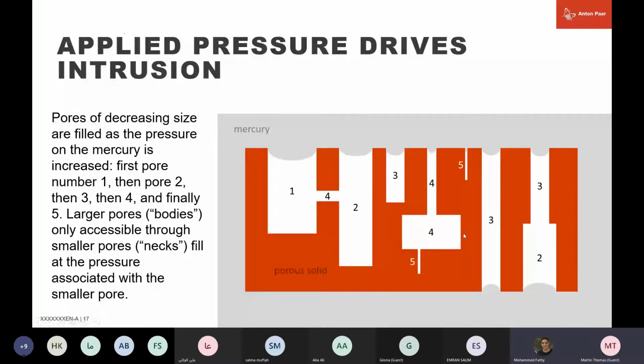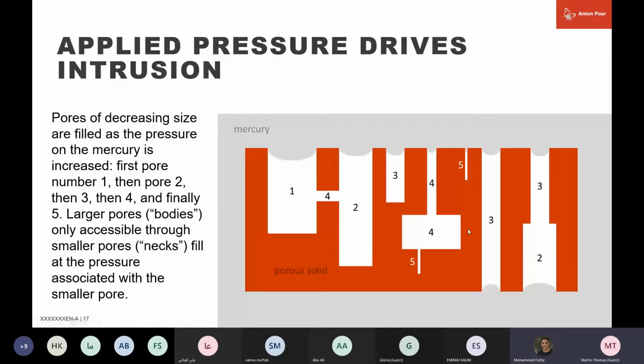If you look at this pore 4, this is an ink bottle pore, and this is why we call this pore throat measurement. You might say this is not the same pore as this one, but in terms of how the mercury will fill this space, it is. When the pressure is high enough to fill a pore of this diameter, it will fill through here, and then because this is a larger diameter, it will just continue to fill this whole volume.